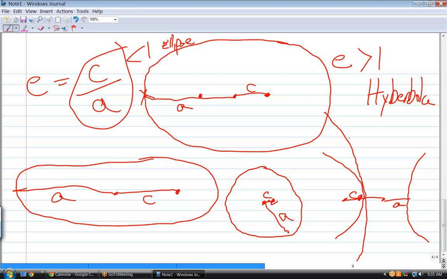So this might have an e equal to 1.1, where this one would have an e equal to 2, we'll say. So that's the general relationship between eccentricity and the shape of either an ellipse or a hyperbola.